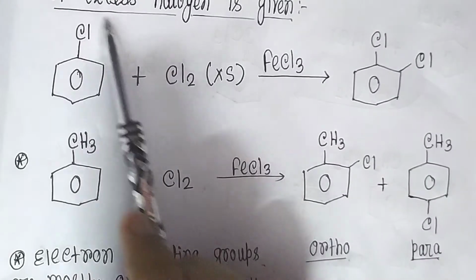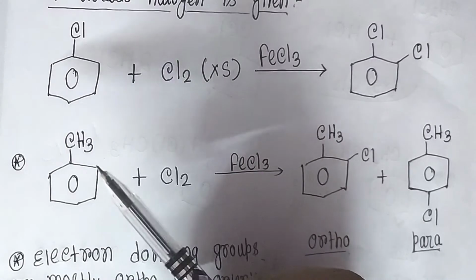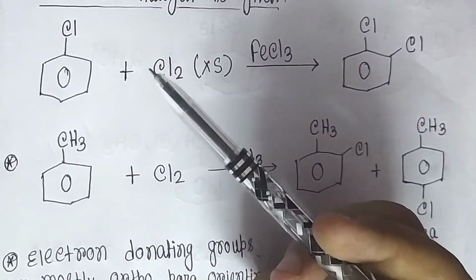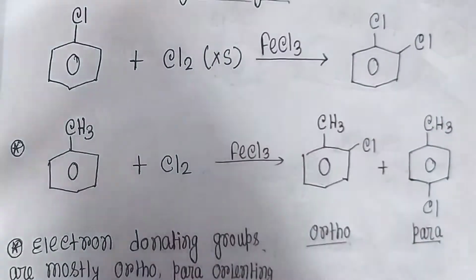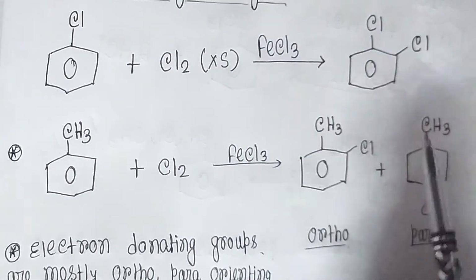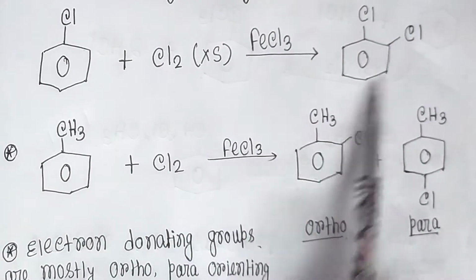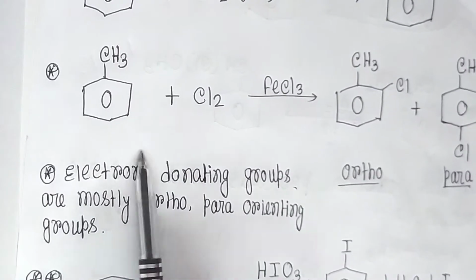Because chlorine is an electron donating group. As we know from class 11, all electron donating groups are ortho para orienting groups. So it will give us an ortho product if you give excess chlorine.